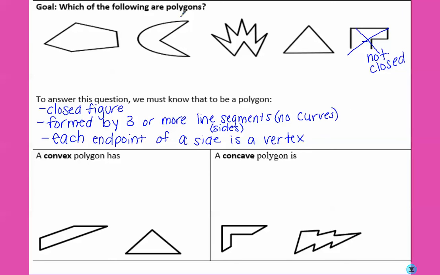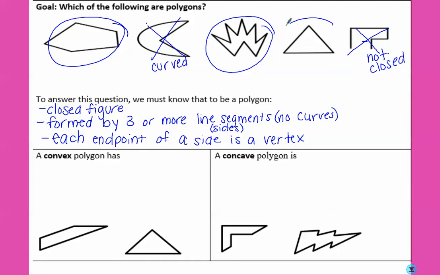So this second one can't be a polygon because it's a curved edge. The other 3, however, have 3 or more line segments, there's no curves, and they are completely closed. So these 3 are polygons.